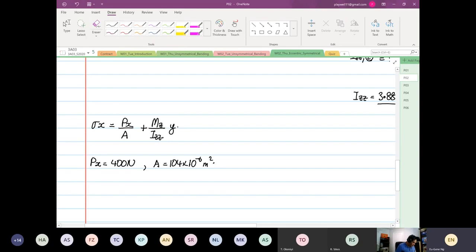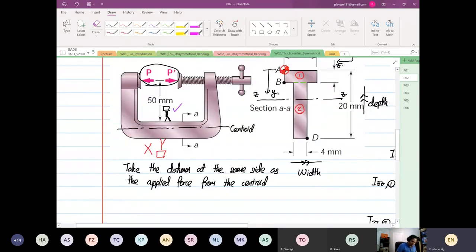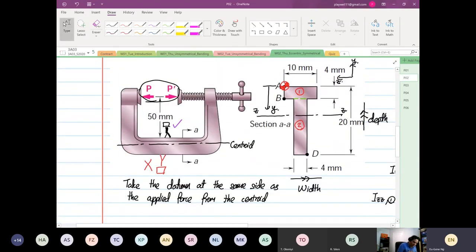Right? And then the next thing we look at is Mz. What is our moment about z? So let's look at over here now. The moment about z is this distance, I'm going to use a different color, it's this distance, plus the distance to the centroid.